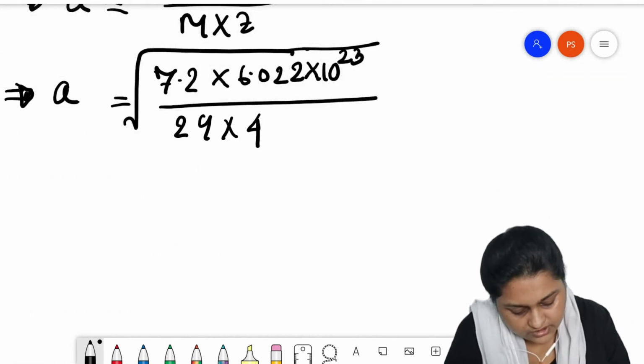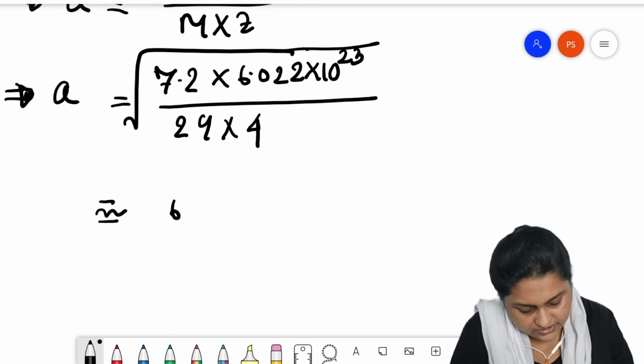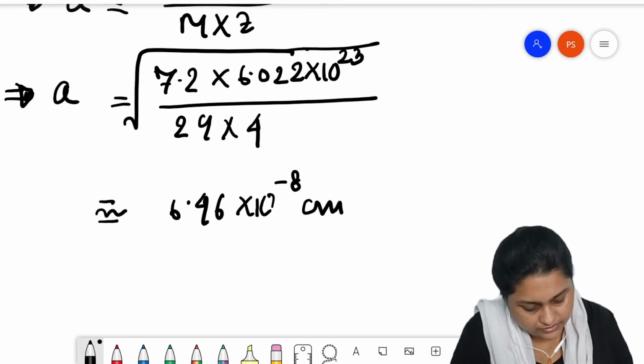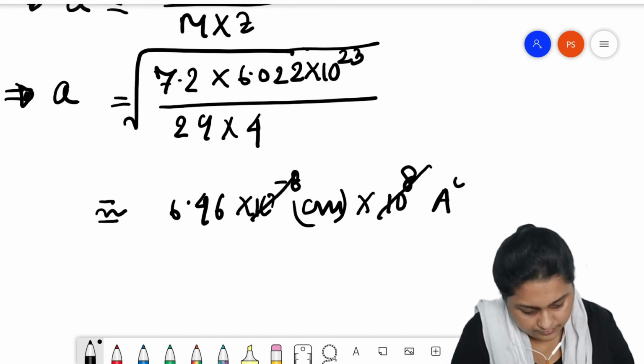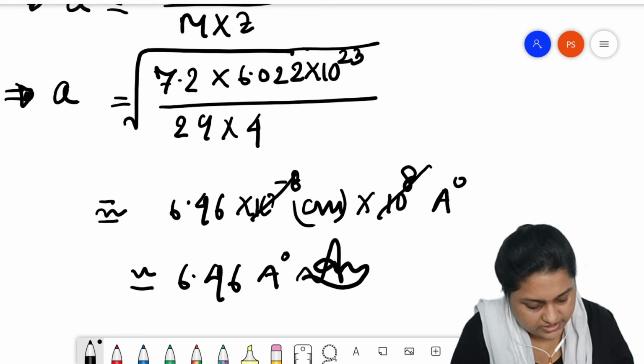This will roughly give the value to be 6.46 into 10 to the power minus 8 centimeter. Now if we multiply by 10 to the power 8, we will get the value in angstrom. Therefore, the value of a in angstrom unit is 6.46 angstrom.